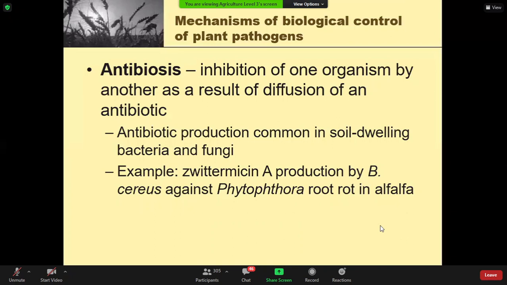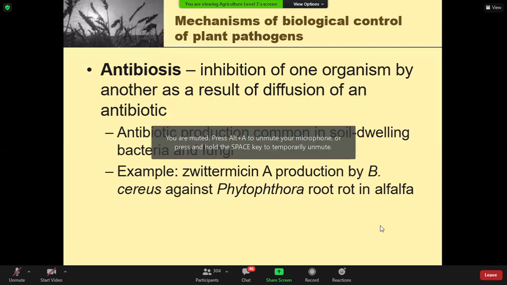We call it mycoparasitism. And this mycoparasitism is facilitated by secretion of cell wall degrading enzymes. What happens? Trichoderma secretes cellulase. This cellulase degrades the cell wall of Fusarium species, and after degradation of the cell wall, Trichoderma takes nutrition from the cell.